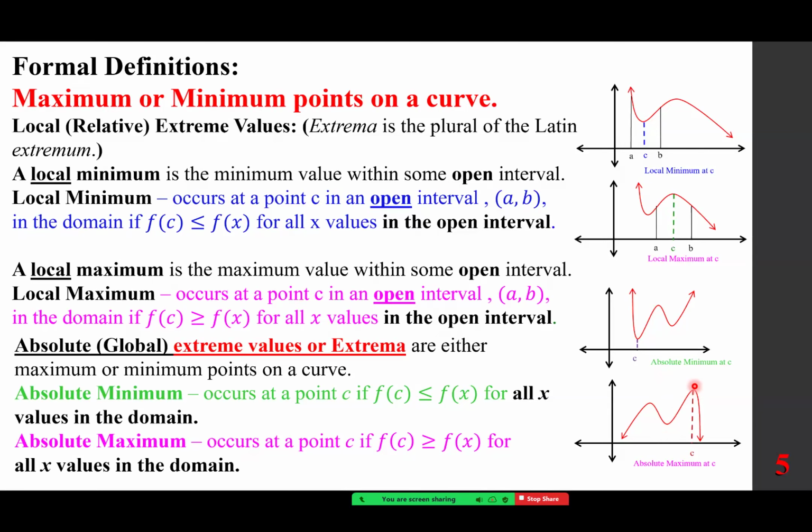Again, all peaks and valleys are local, first and foremost. This happened to be an absolute because there is no other point that has a larger y coordinate. So all peaks and valleys are local extrema. At some point, if possible, one may become an absolute max or min.